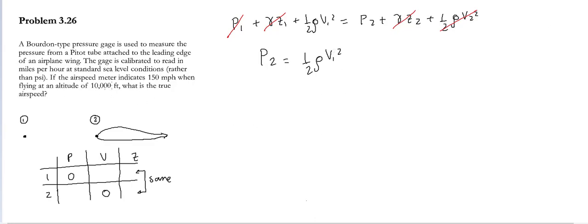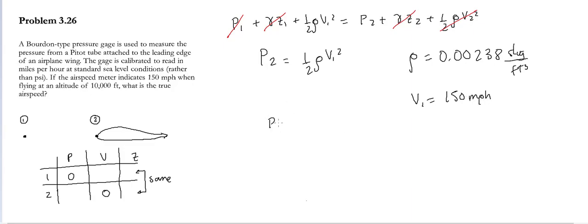We know that the meter is reading 150 and is calibrated for standard sea level conditions. At sea level conditions, the density of air is 0.00238 slug per feet cubed, and the velocity is given at that point to be 150 miles per hour.